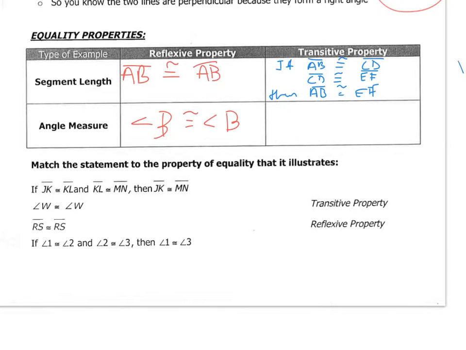If we think about this, if AB is 10 and that's congruent to CD, that means CD is 10. And then if CD is congruent to EF, that means that EF is also 10. Therefore, AB is congruent to EF.